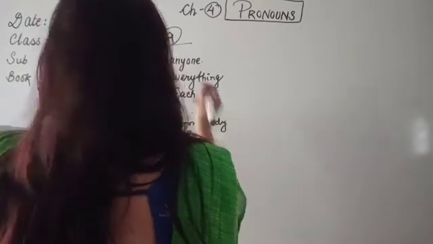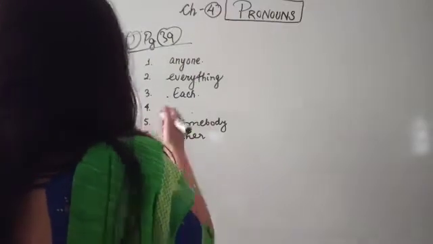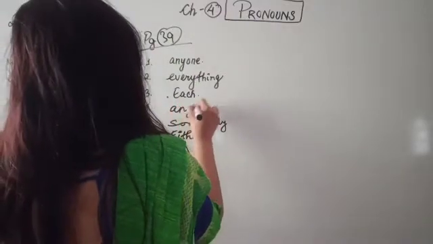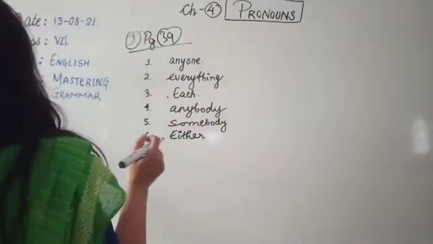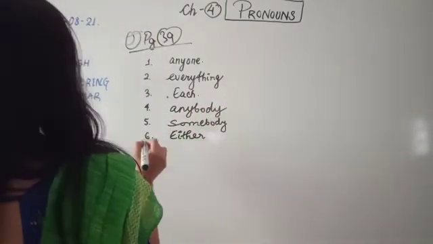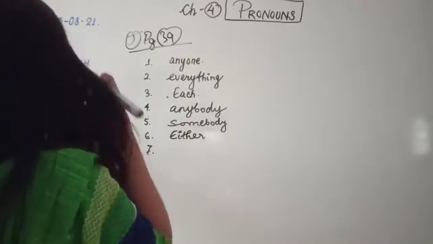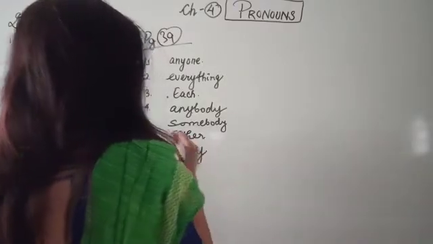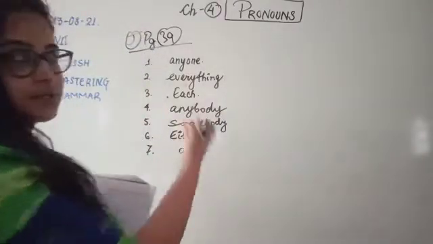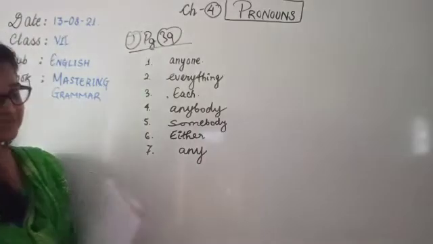And number 4, I did not see anybody. See, it's negative. That's why I'm using this word anybody. It's negative because you did not see. Now number 7, the last one of this exercise. Though many movies are running in the theater, I don't want to see any. Again negative because he doesn't want to see any. So yes children, here are our answers for exercise J.